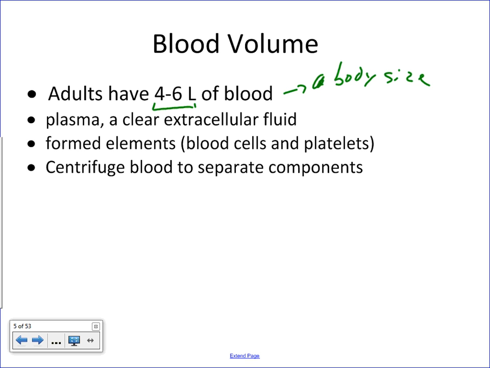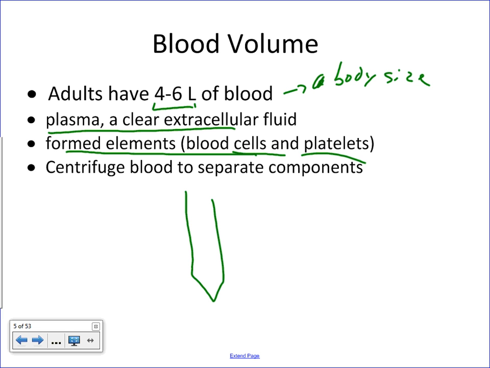Within this, blood has 2 major components: the formed elements, which are the cells of blood, and the plasma. Platelets technically aren't cells, but they come from cells.